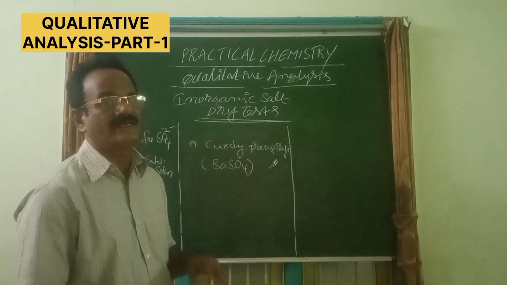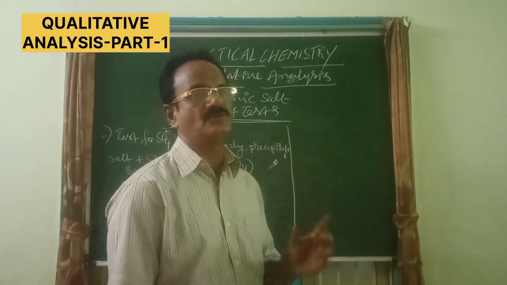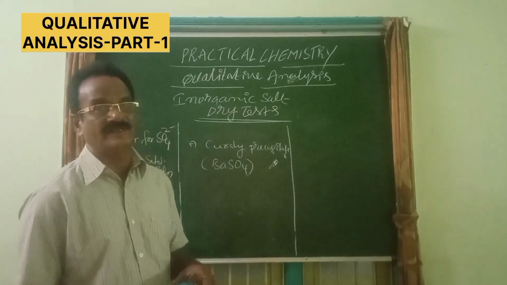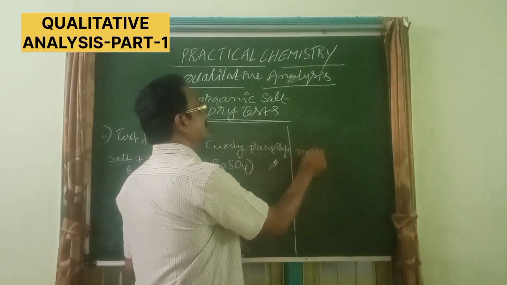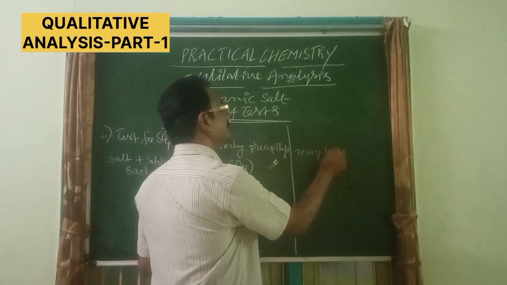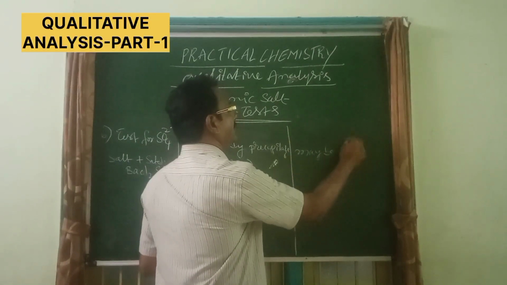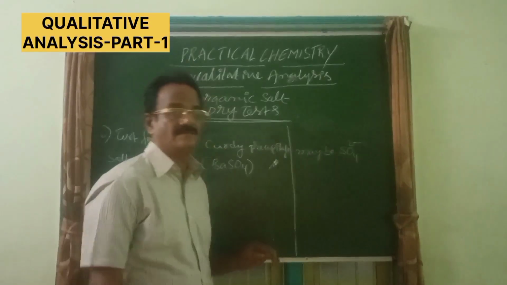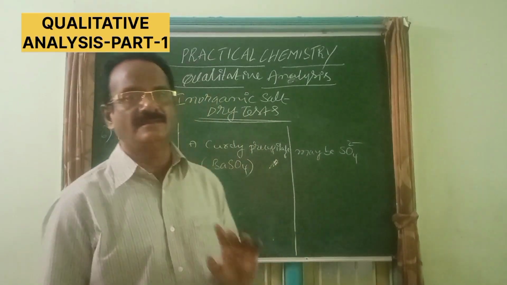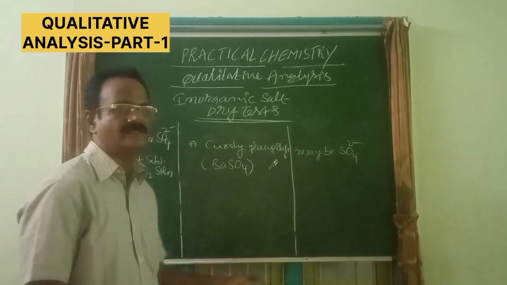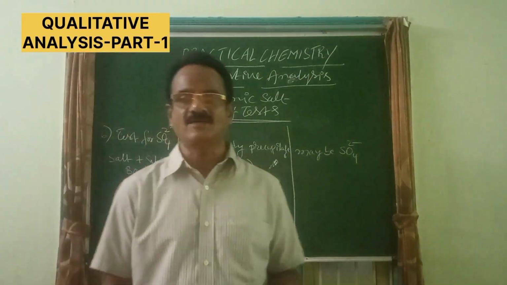A curdy precipitate is due to formation of barium sulfate. Then maybe sulfate, SO4 2 minus, is in the given inorganic salt. Is it clear? If there is no such precipitate, then sulfate is absent.